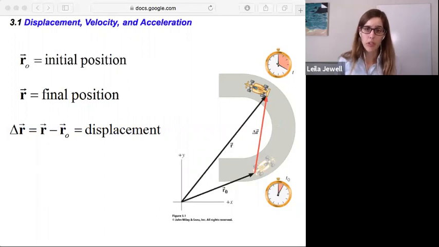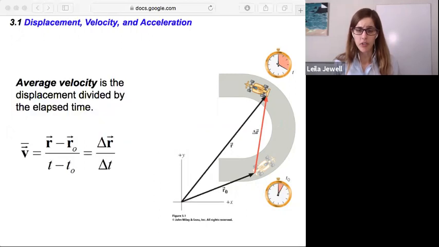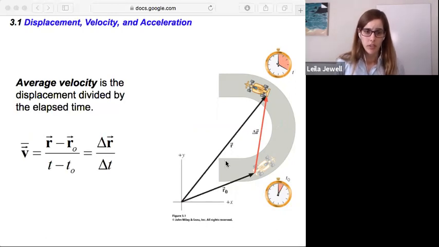All right, now once we have our displacement in 2 dimensions, we can also define our velocity in 2 dimensions. So our average velocity is the displacement divided by the elapsed time. So we can look at our displacement, our change in position in 2 dimensions, divided by our time. Time is just a scalar, so we don't have to worry about the fact that we have multiple directions going. And we can get the average velocity, which, remember, is telling you the direction that the car has gone on average. So on average, the car has moved up and to the right once again.